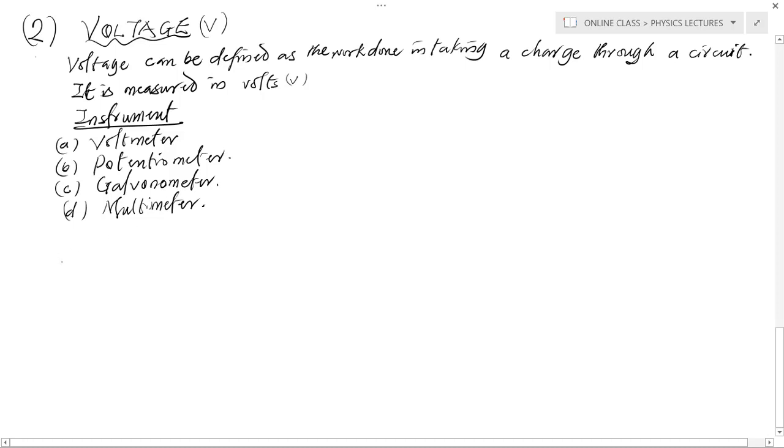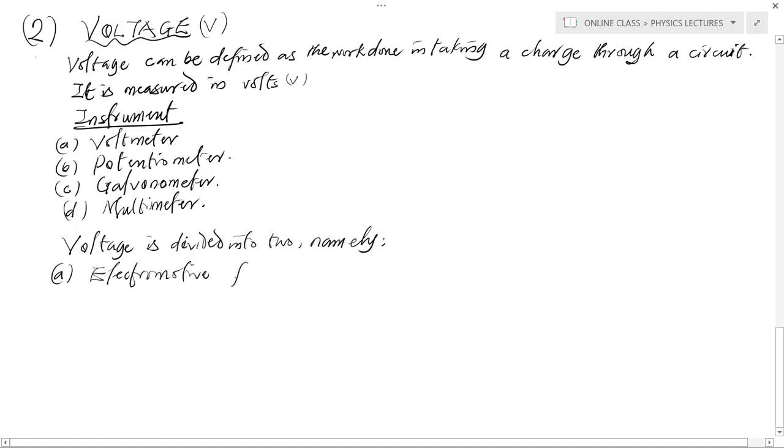Now, voltage is divided into two, namely: A, electromotive force.